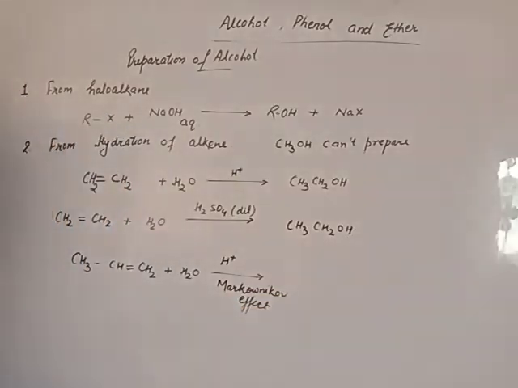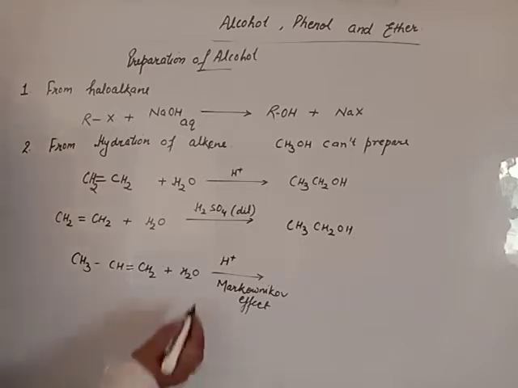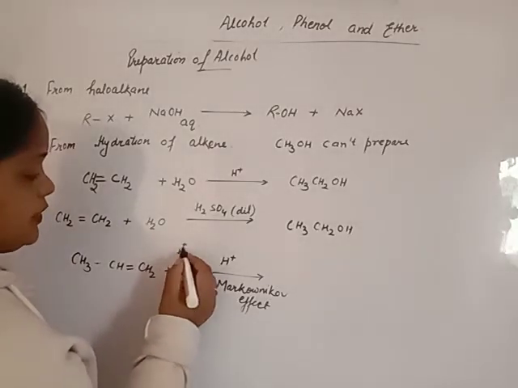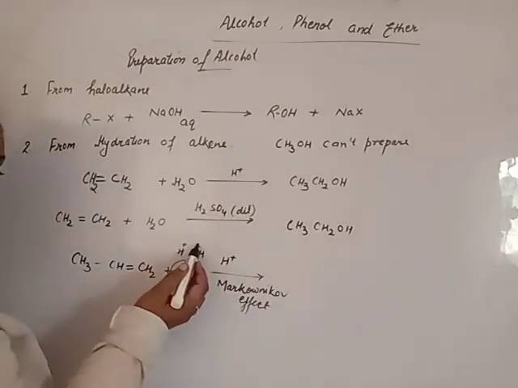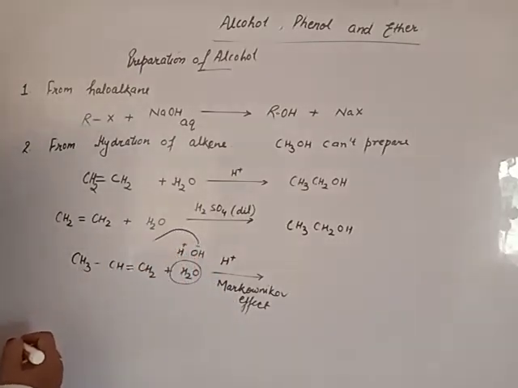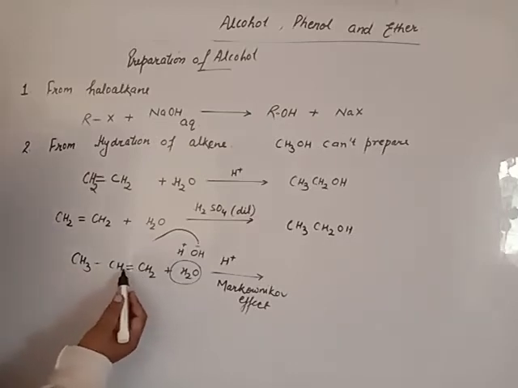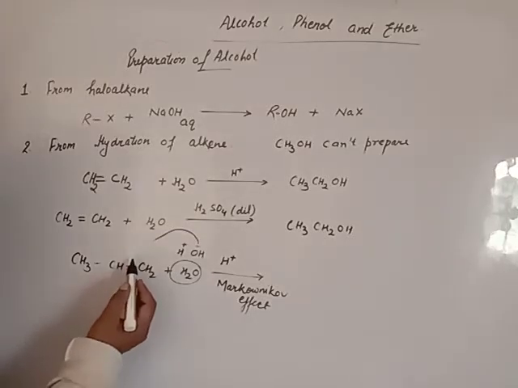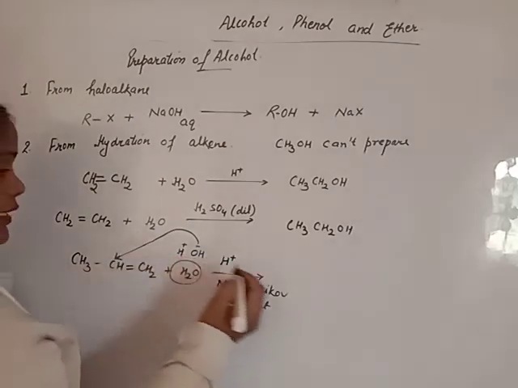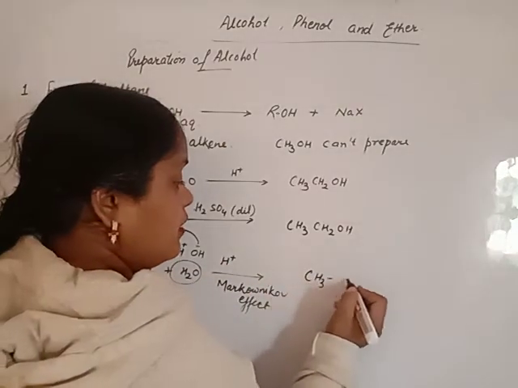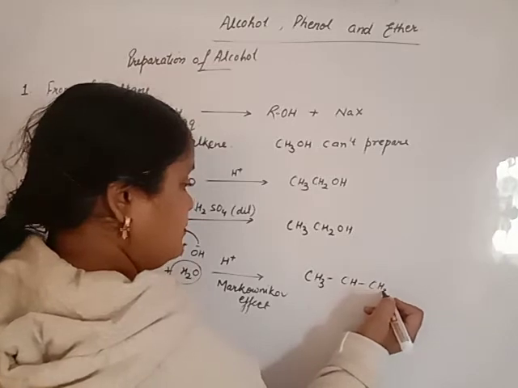What is Markovnikov's rule? The negative part of the attacking reagent goes to that carbon of the double bond which has less number of hydrogen atoms. Our water molecule consists of H positive and OH negative. Here one carbon has 2 hydrogens, the other has 1 hydrogen. Less number of hydrogen is the second one, so we will get propan-2-ol or 2-propanol.